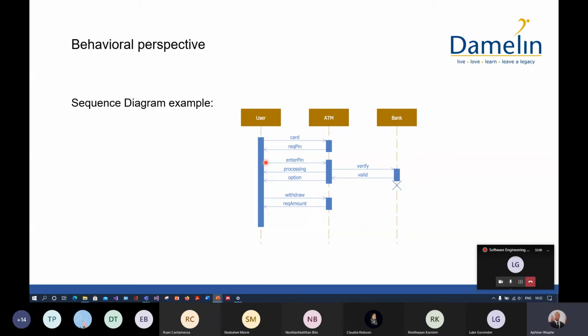The user will enter a PIN, and then the ATM has to go to a different subsystem, which is usually the accounting system or the database that resides at the bank or on the bank server. The ATM has to verify whether the PIN entered by the user is correct.